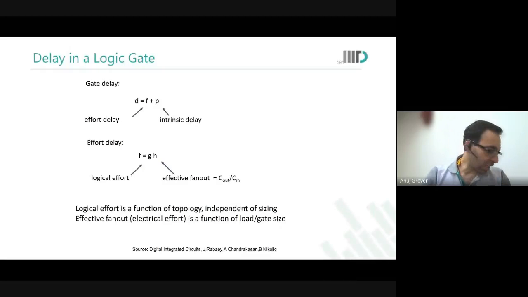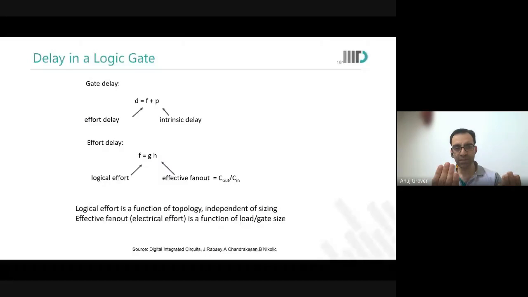We had started to look at how to do some back-of-the-envelope calculations to size our circuits and to estimate delays, to compare two circuits, without doing even a single simulation, which one is better and which one is not.